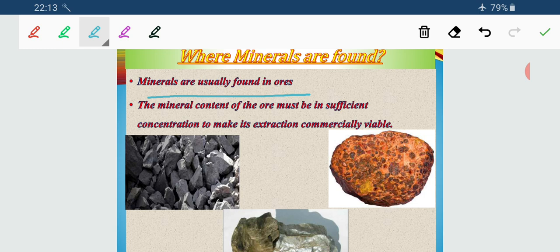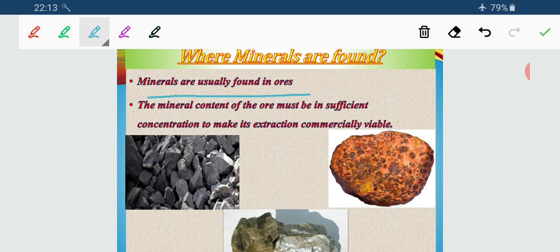So what is ore? Ore is a particular type of rock where the mineral content is present in a large volume or large quantity, then that rock is considered an ore of that mineral.